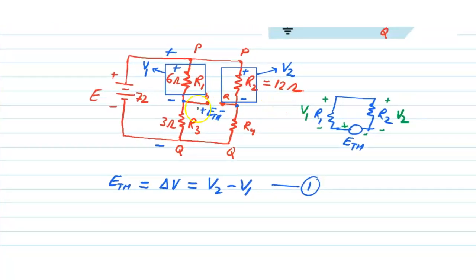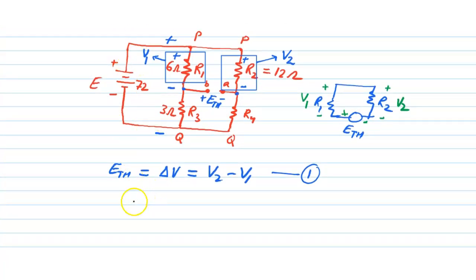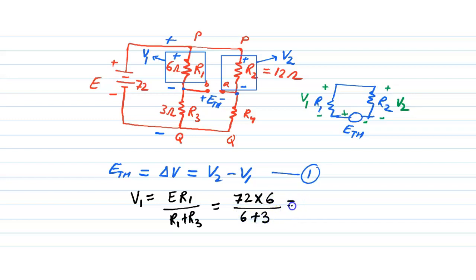Let's find the voltage drop V1. V1 is equal to E times R1 divided by R1 plus R3, that is 72 volt into 6 divided by 6 plus 3, that is 72 into 6 divided by 9, which is 48 volt.